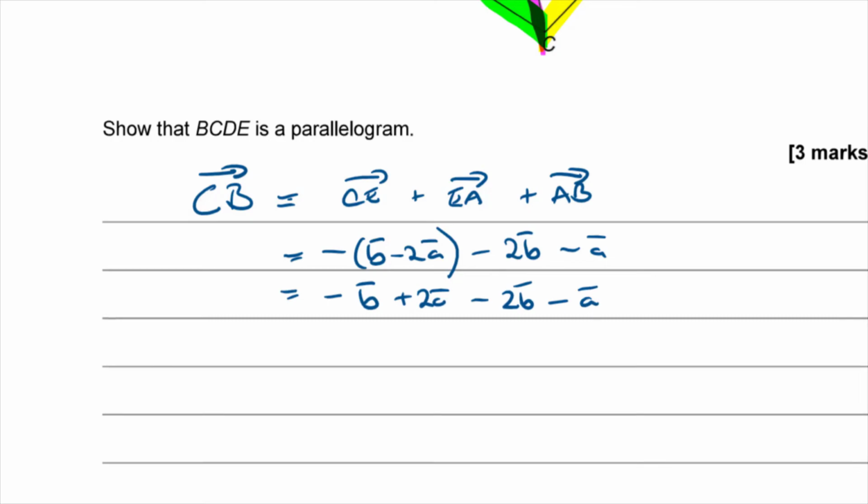Now we can start collecting like terms together. What have I got? Positive 2A and a minus A, so that gives me A, and I've got a minus B and a minus 2B, which gives me minus 3B. So my vector C to B is the vector A minus 3B.